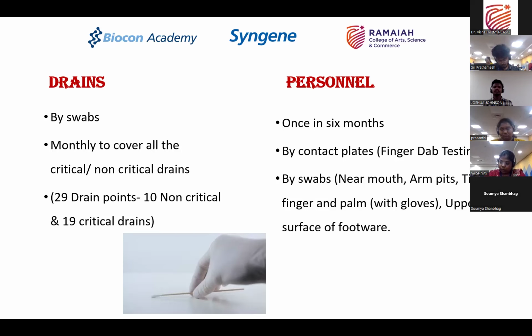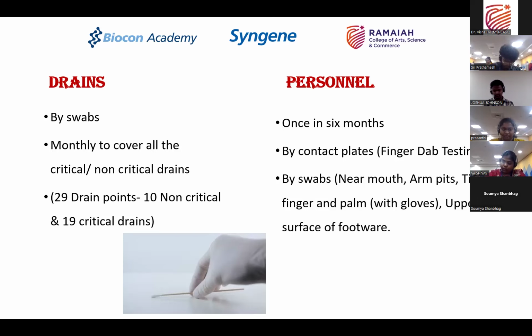When drains are used for monitoring, there should be 29 drain points monitored: 10 from the non-critical drains and 19 from the critical drains. So in the manufacturing area, the 29 drain points have to be monitored on a regular basis.